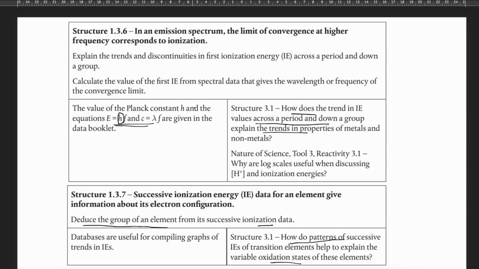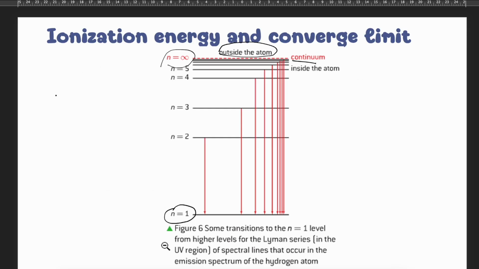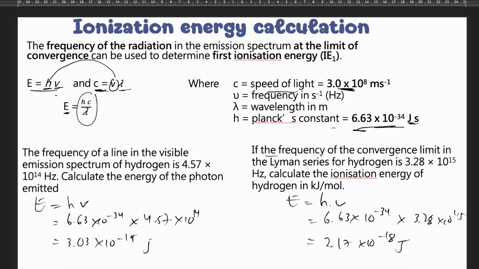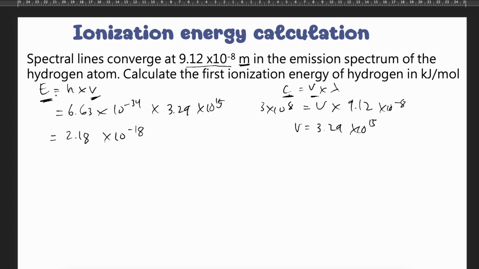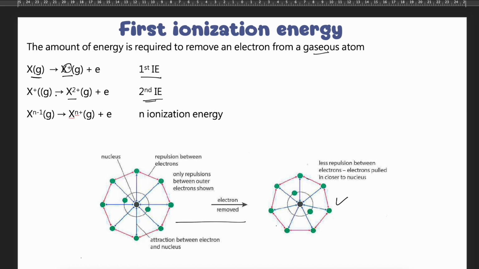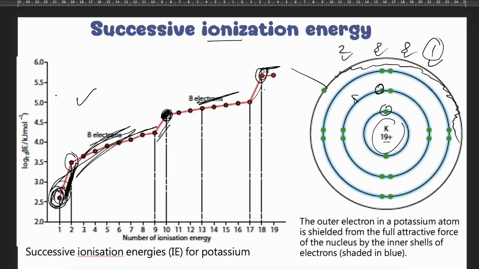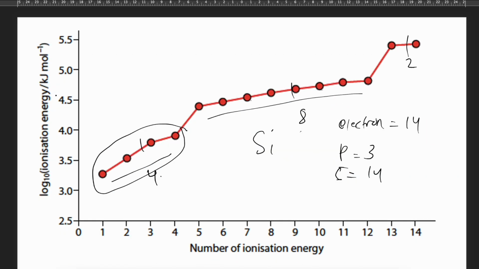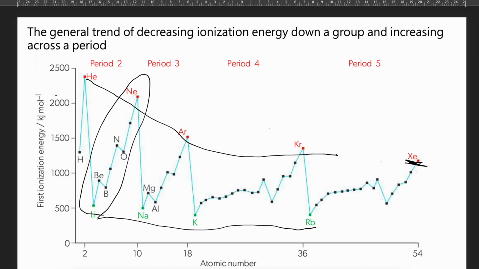So we talked about the convergence limit and how to do the ionization energy, and why the second ionization energy is higher than the first, the third is higher than the second, and through the successive ionization energy we can also determine which element is on the periodic table, and the trends in general, the ionization energy across a period and down a group. But this will be explained in more detail in the periodic trends video.